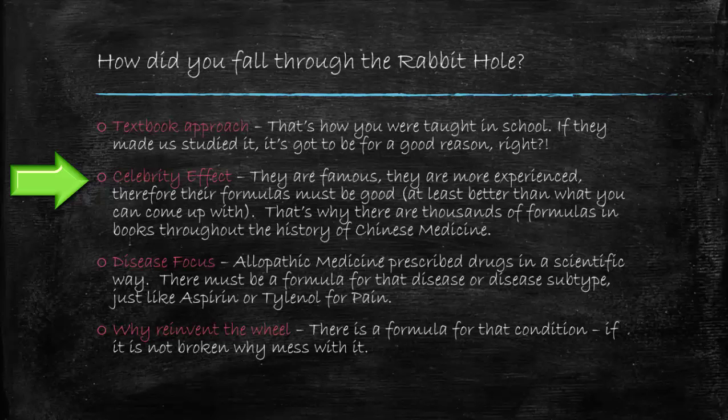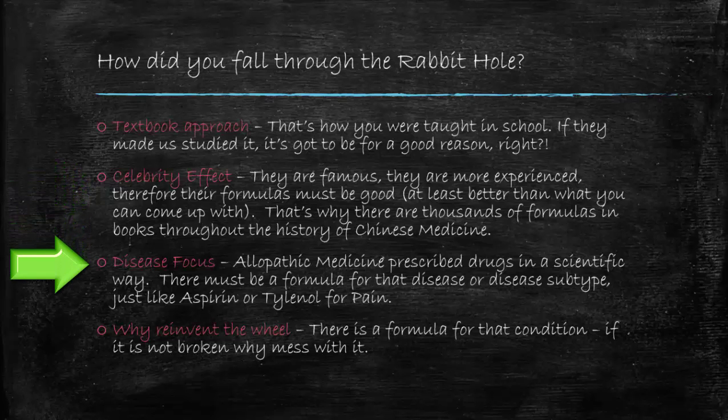And there were thousands of formulas created throughout the history of Chinese medicine. So you naturally tend to rely on that, saying, hey, it is something I can rely on because they are more experienced. They have seen a lot more patients, and I hope to make their success mine.